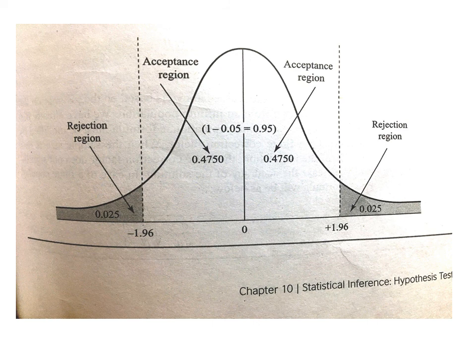As it is a two-tailed test, we divide the significance level 0.05 by 2, which is equal to 0.025. So the area of each rejection region is equal to 0.025. If we add these values, we get 0.05.